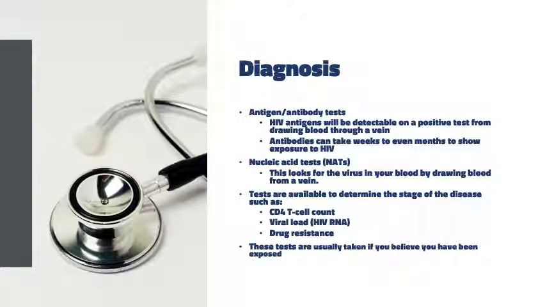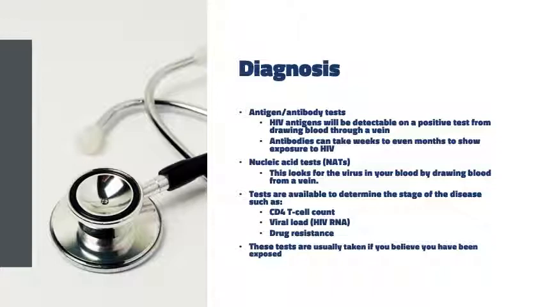Diagnosis. There are antigen and antibody tests that a person can take. The HIV antigens will be detectable on a positive test from drawing blood through a vein, and antibodies can take weeks to even months to show exposure to HIV. And as we know, symptoms can even take 2 to 4 weeks to show up, so it'll take a while before a person will even notice if they have HIV.